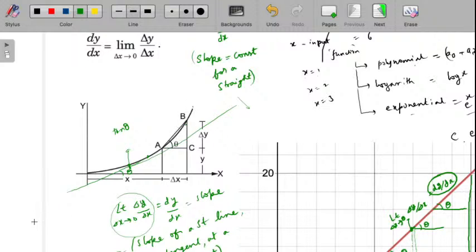This is basically called calculus, and calculus has certain mechanisms, which we are not discussing at this point, to compute the values of variations for different kinds of functions.